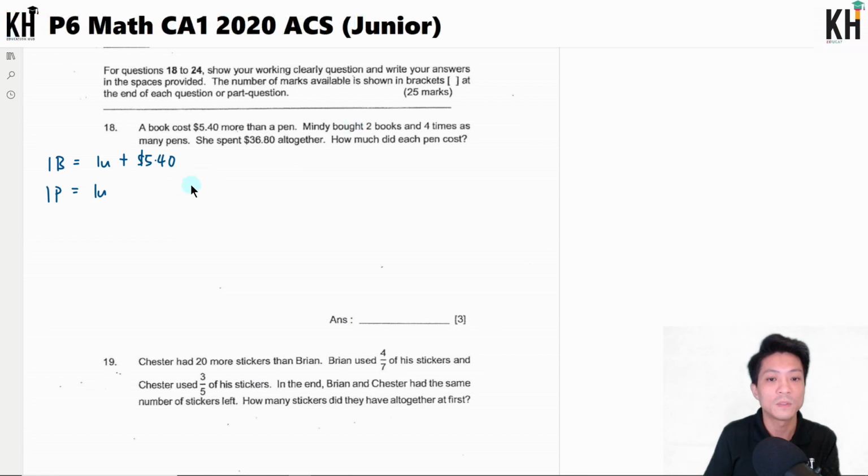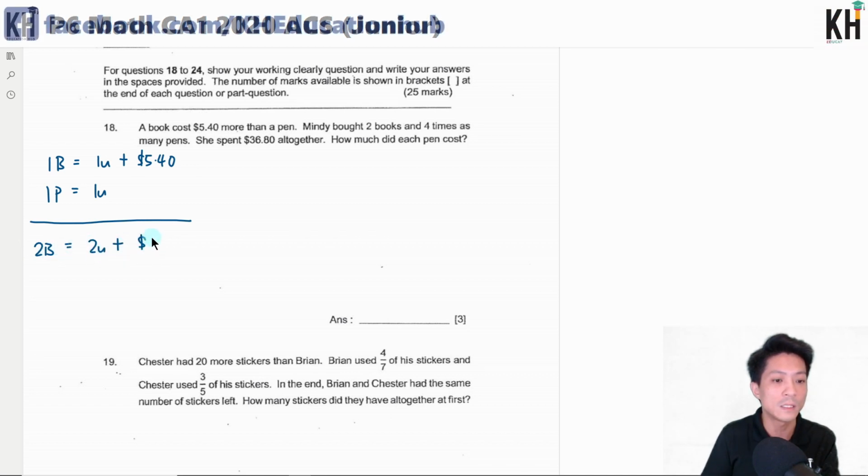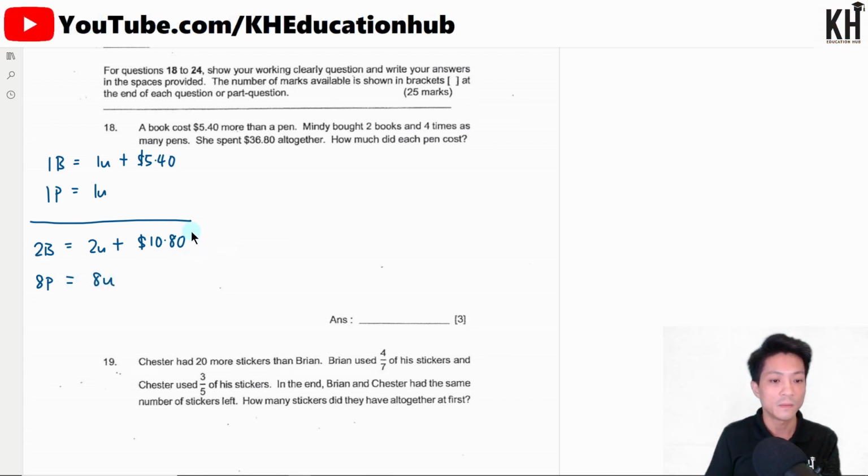Mindy bought 2 books, which means that 2 books will be equal to 2 units plus $10.80. And 4 times as many pens, which means that she bought 8 pens, right? Which is 8 units. And altogether this will be $36.80.